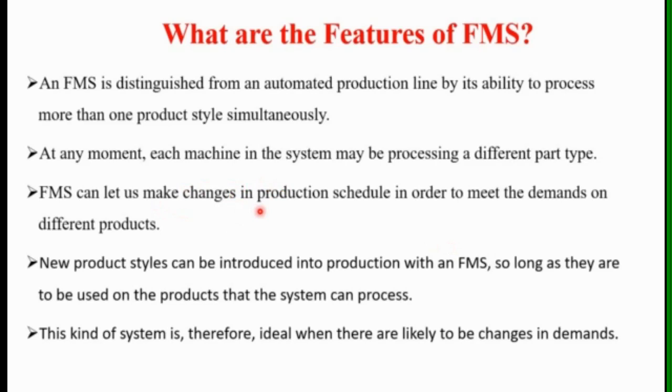The flexible manufacturing system lets us make changes in the production schedule in order to meet the demands for different products. As per the customers' demands we can change the production schedule; this is also one of the features of the FMS. Then new product styles can be introduced into production with an FMS, so long as they are among the products that the system can process.